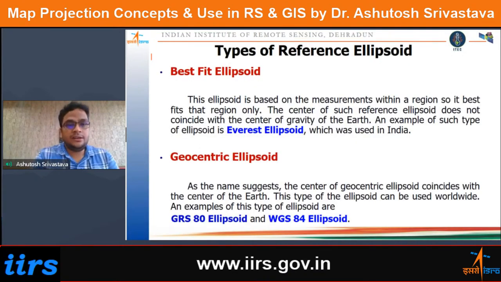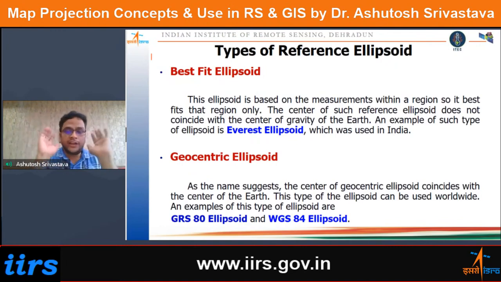Now comes the types of reference ellipsoid. We have two types of ellipsoids: one, the best fit ellipsoid, and another, the geocentric ellipsoid. We will discuss this.